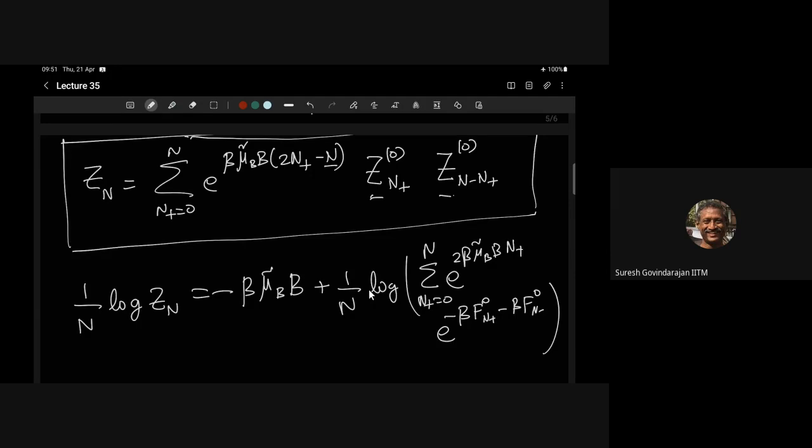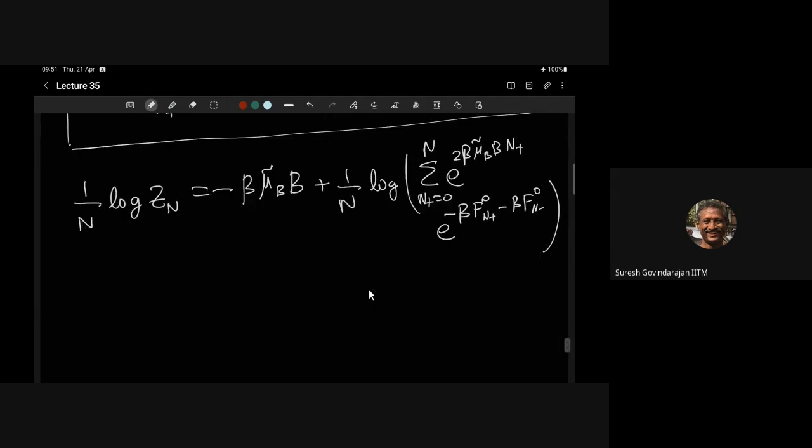So what we will do is use a method which is standard saddle point, approximate this by the term which contributes the maximum.